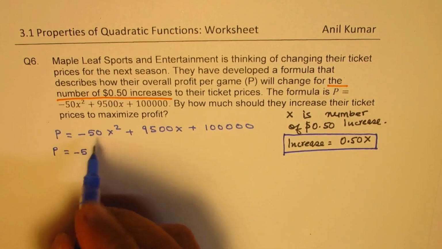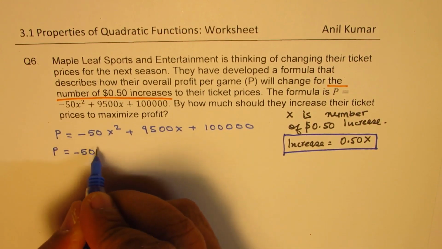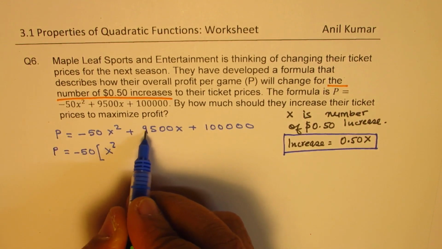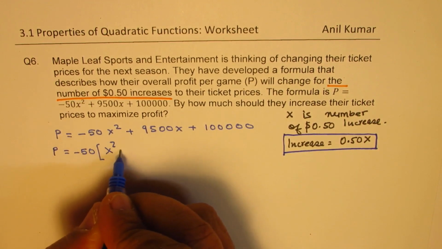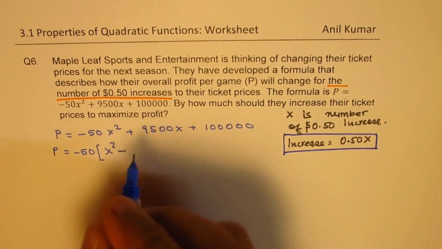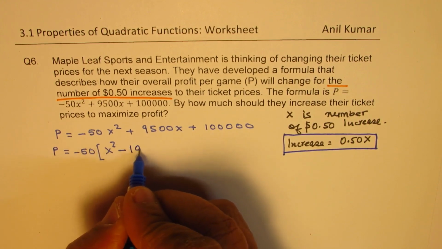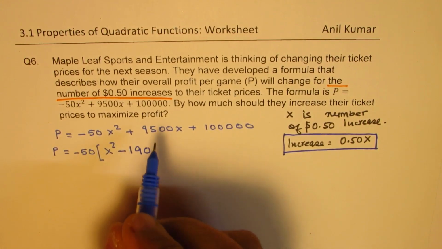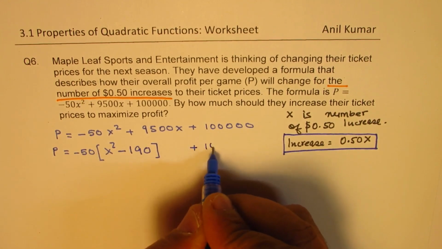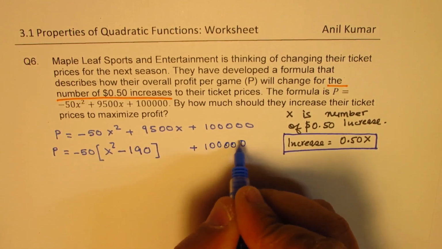So to complete the square, I have to factor the leading coefficient, and I get what? X squared. Divide 195 by 50. First, the sign changes. So when you divide, we get 190, and this is plus 100,000.